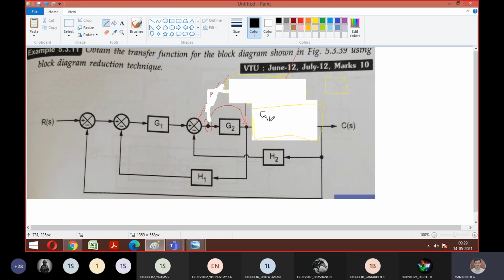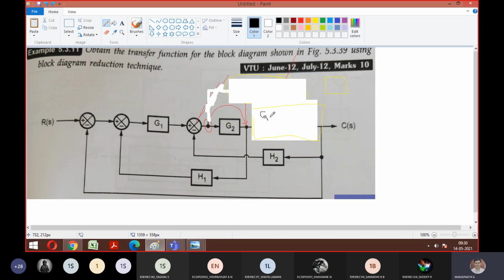Tell the answer here completely. Is it G3 plus G4 by G2? Yes, sir. Okay.